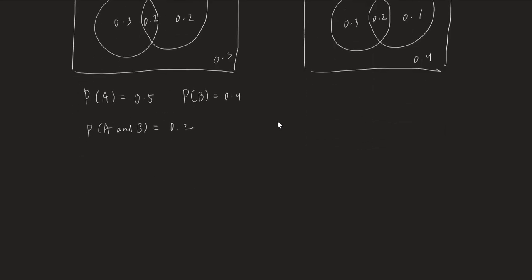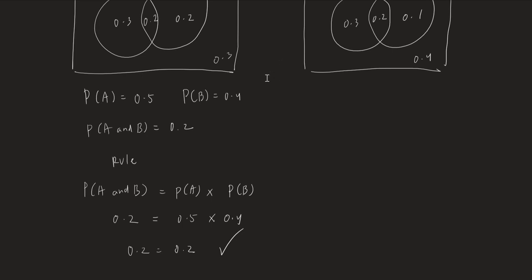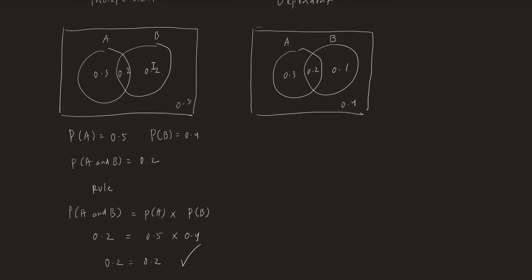We know for independent events, the rule is like this: because the probability of A and B is the same as the probability of A times the probability of B, then this is an independent event.